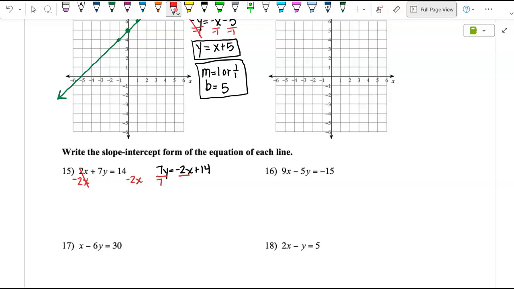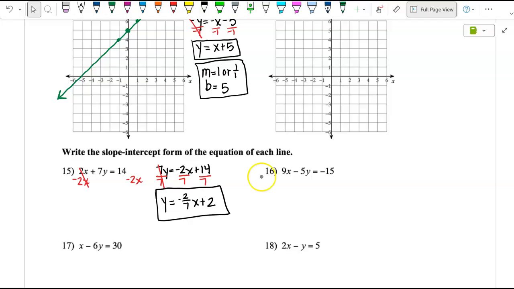Then I'm going to go in and divide each term by 7, and end up with y equals -2/7 x plus 2. We're just rewriting it so it's in slope-intercept form.